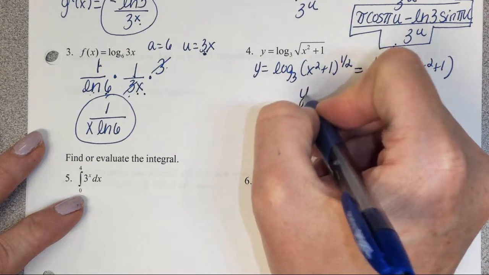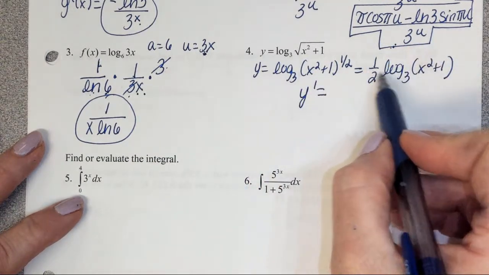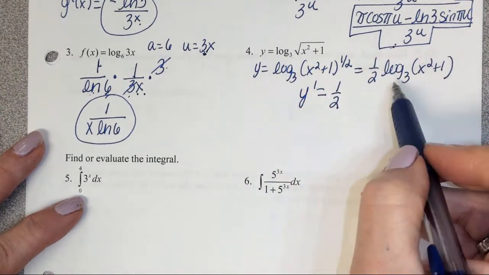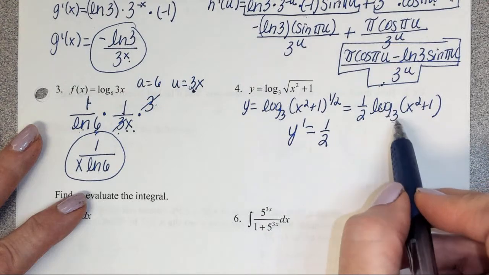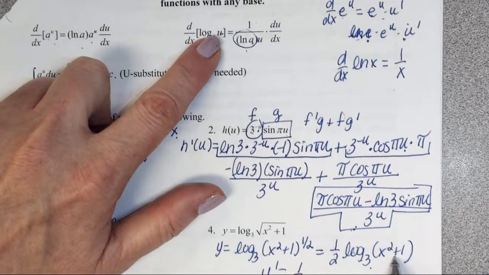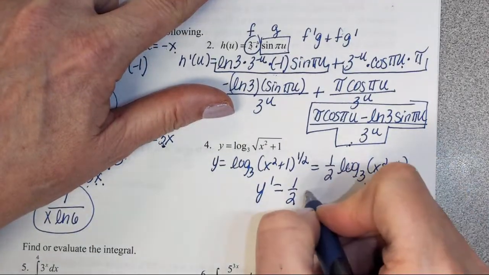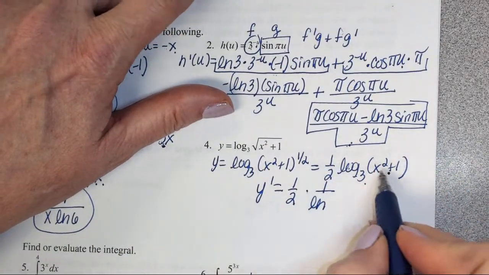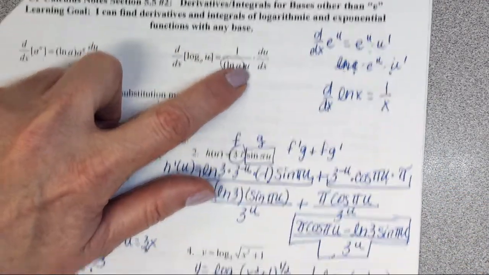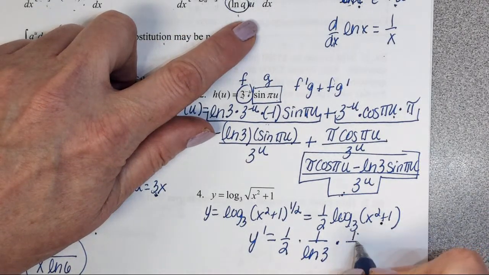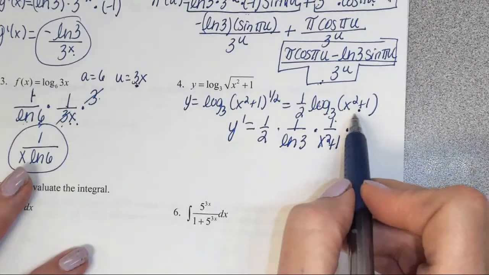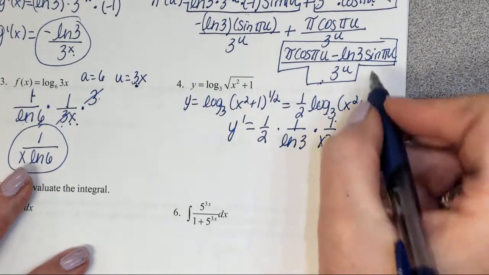So now finding our derivative. Well, to find the derivative of this now, I can just bring down the 1/2. I look at my formula. It's log base 3 of this. So looking at the formula for the derivative of log, it's going to go 1 over the natural log of our base, which is 3, times 1 over u, which, there's u, times, and then what's the derivative of the u? 2x.